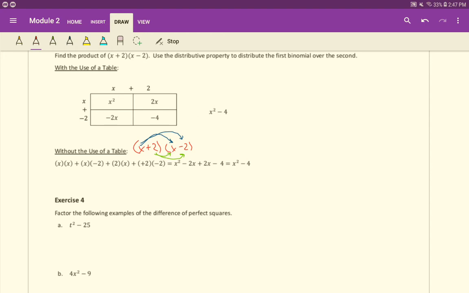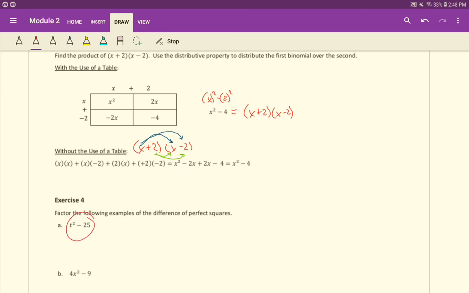Okay, so you'll notice, what do we start with here? x squared minus 4, right? We started with this x plus 2 times x minus 2. And the result here was x squared minus 2 squared, right? That's what these things become.